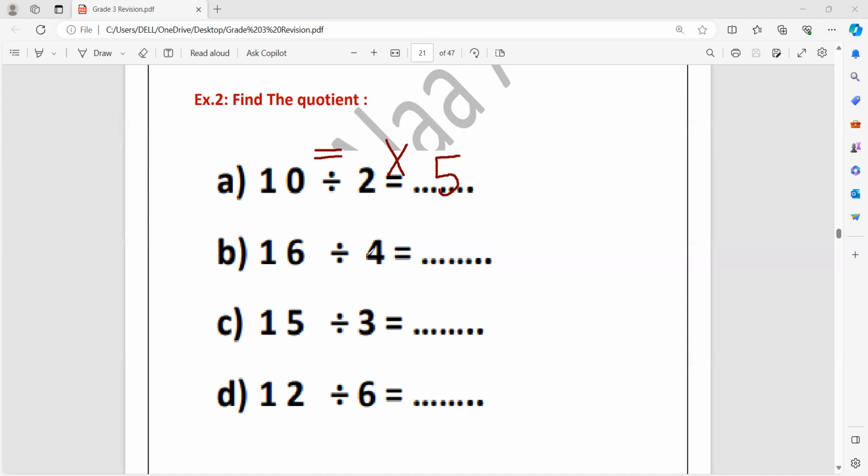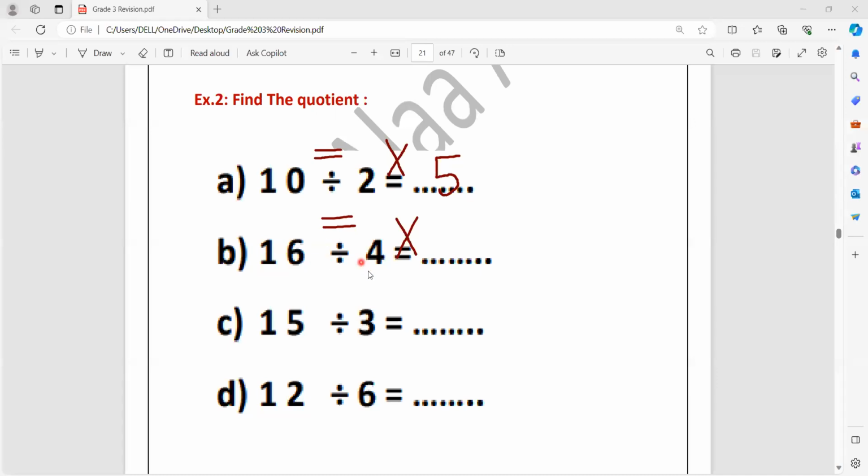Again, 16 divided by 4 equals. In order to solve it, put the multiplication sign on the equal. Then start to ask yourself, in timetable 4, 4 times what gives me 16?